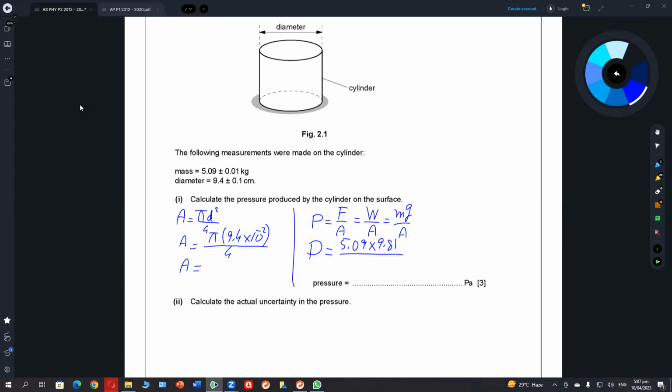Yes, I'm using 6.9. And the final answer is coming as 7200 Pascal. How much was the area? 6.94 times 10 to the power minus 3.